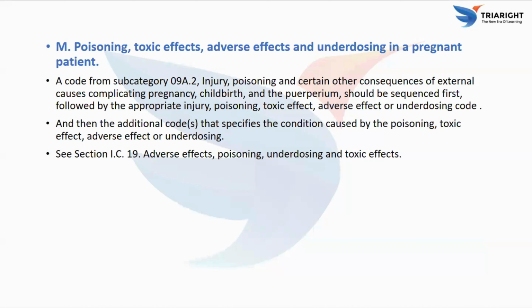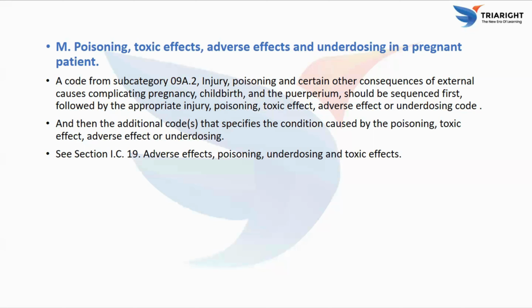So the first code is O9A.2, which describes pregnancy complicated by injury, poisoning or other external causes. You must always start with a code from O9A.2. This tells that the woman's pregnancy was affected by poisoning, toxic effect of a substance, adverse effect of a medication, underdosing or any other similar external cause.